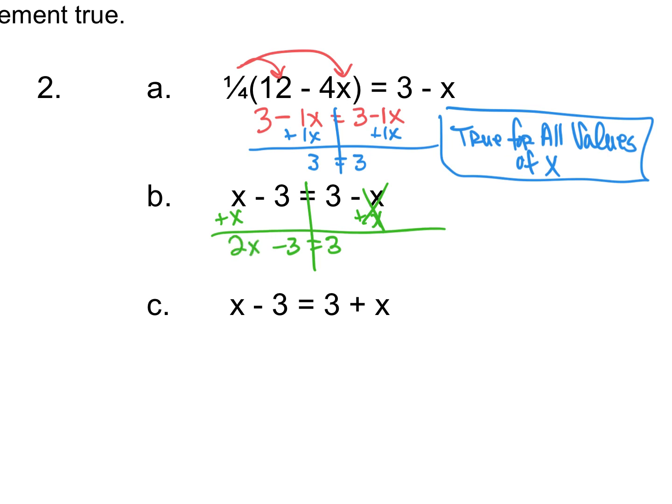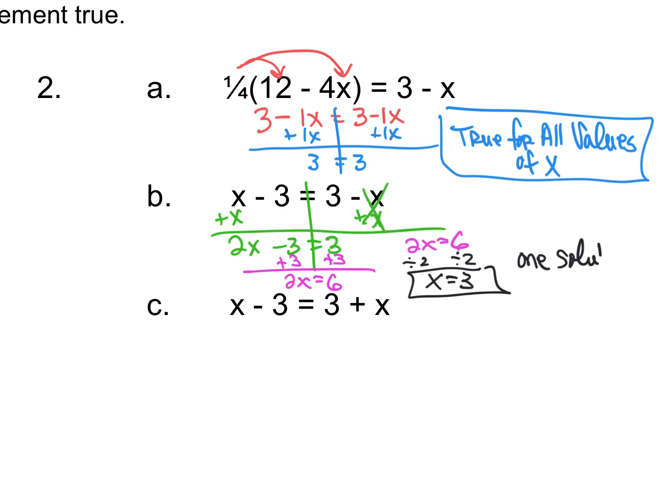I have 2 x's total. Oh, okay, that's a little different. So let's add 3 to both sides. So we get 2x equals 6. Okay, I'm out of room. So 2x equals 6. Let's go ahead and keep on solving it. So we're going to divide by 2. So x is going to equal 3. So that is one solution. What is that solution? X equals 3.